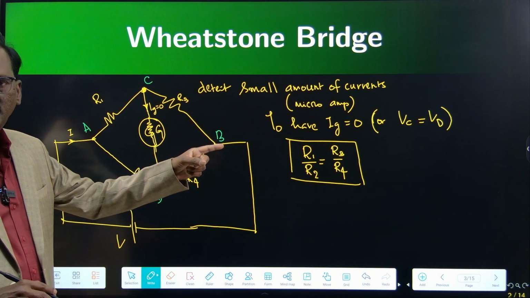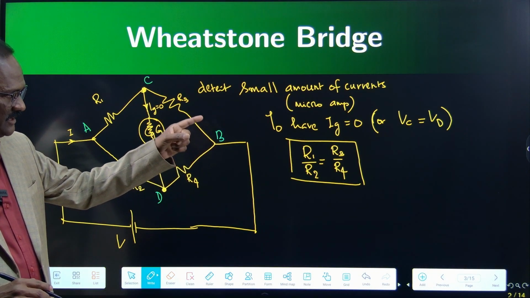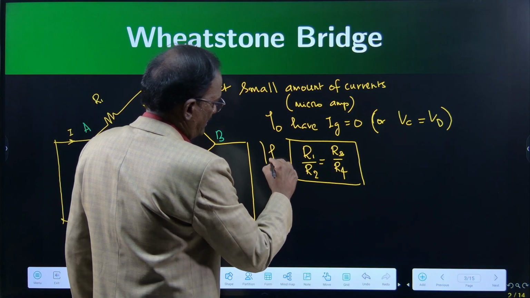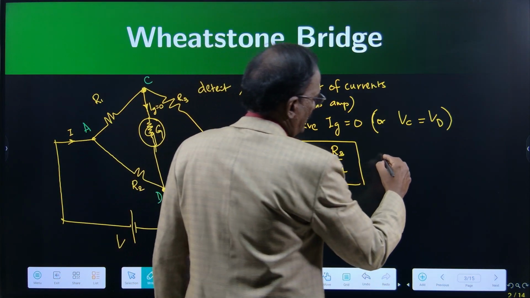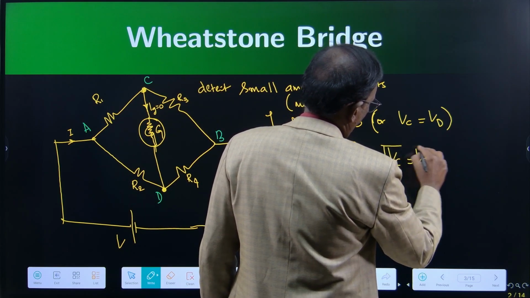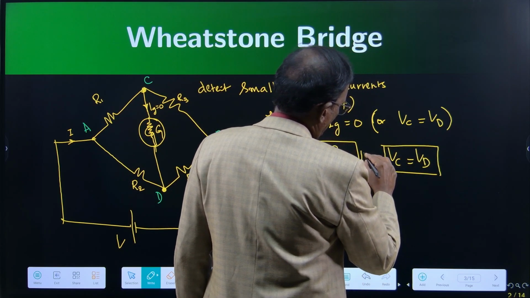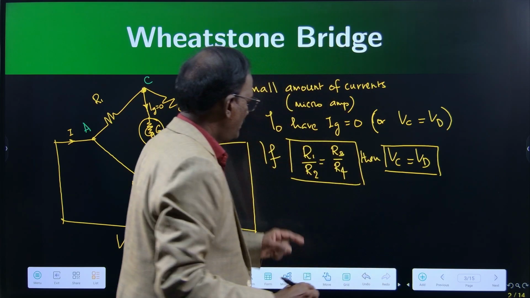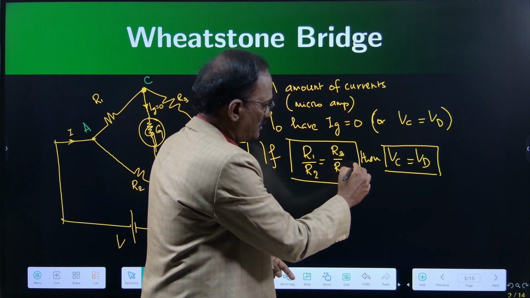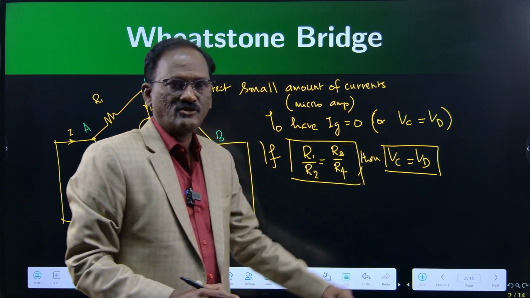If this condition is met, then Vc is equal to Vd. If R1 by R2 is equal to R3 by R4, then Vc is equal to Vd.